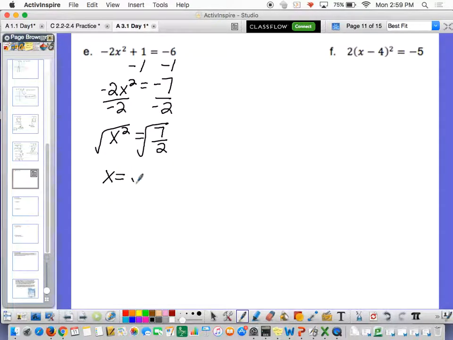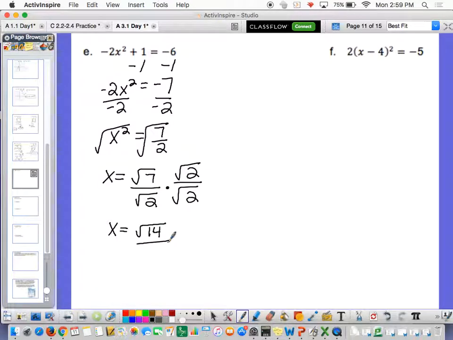So x equals... All right, well, let's use that fact that we learned earlier because you see the problem. We have to rationalize the denominator again. So times the square root of 2, times the square root of 2. Okay, excellent. So then x is going to be, you multiply what's underneath the square roots there to be the square root of 14.